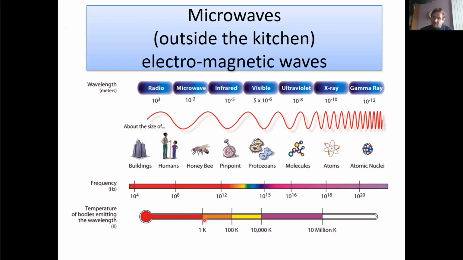This is basically how cold it is when you have microwaves. Infrared, we know if you take a photograph of your house, this heat radiation that you get is infrared. If you take it of a human body, it's 37 degrees, or maybe on the surface a bit less, 36 degrees, but that's about the dimensions.